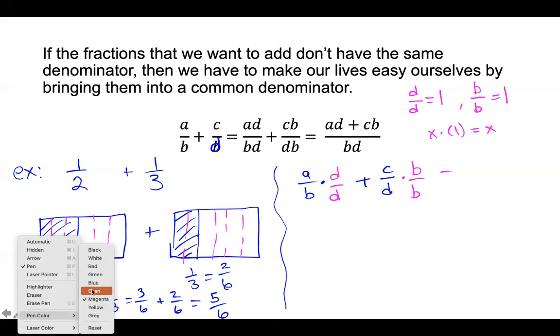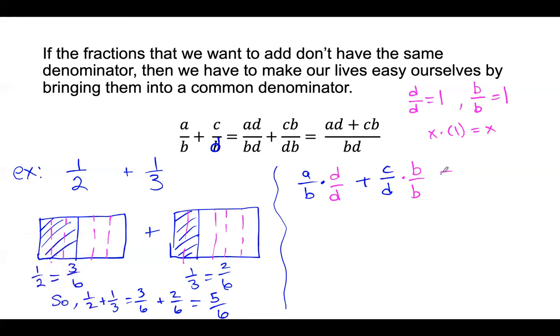Let's go back to blue. So this equals, well, the denominator is now b times d. And the top is a times d plus c times b.